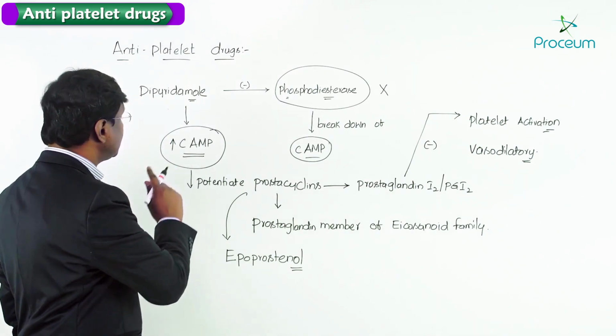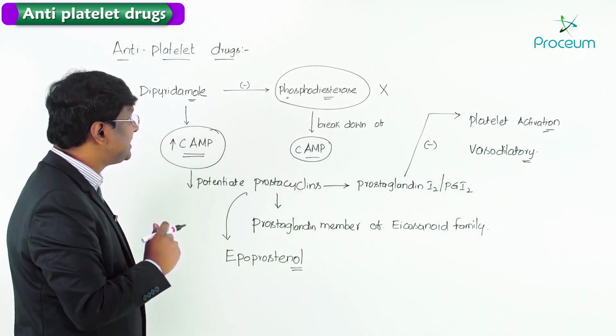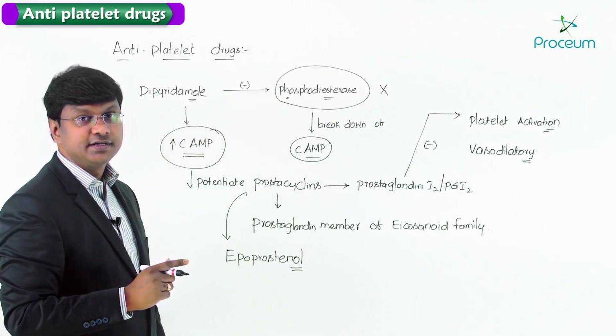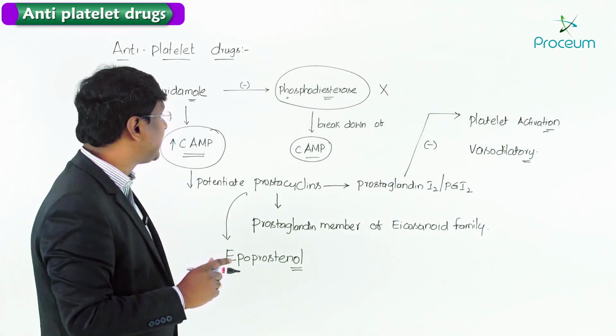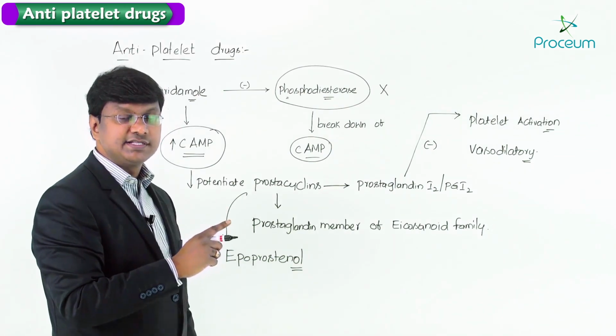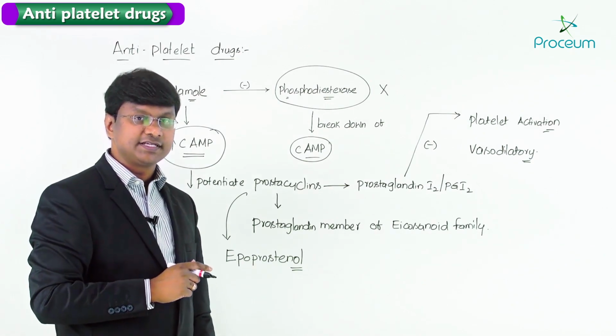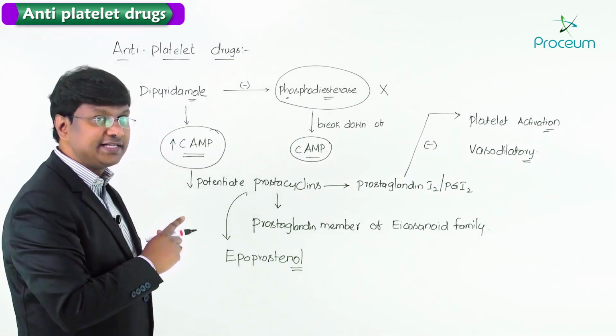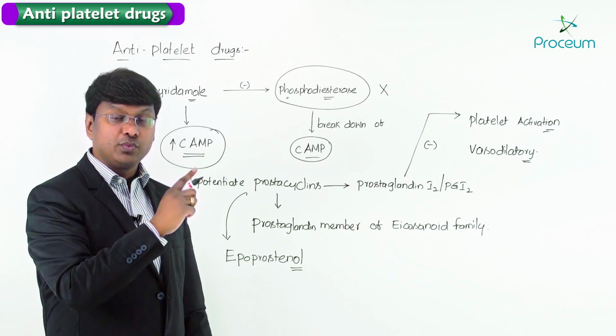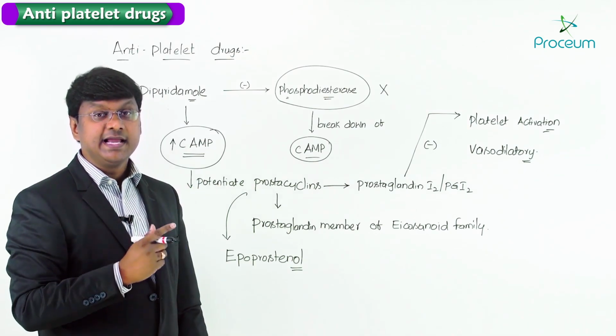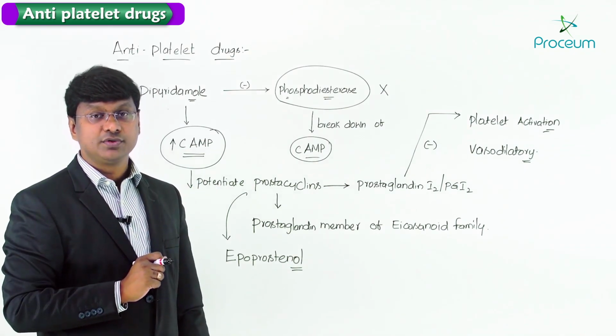So that is about dipyridamole. Dipyridamole is a phosphodiesterase enzyme inhibitor which also has antiplatelet activity. Phosphodiesterase is the enzyme which causes the breakdown of cyclic AMP. Dipyridamole will inhibit the phosphodiesterase enzyme and thereby cyclic AMP breakdown does not occur.